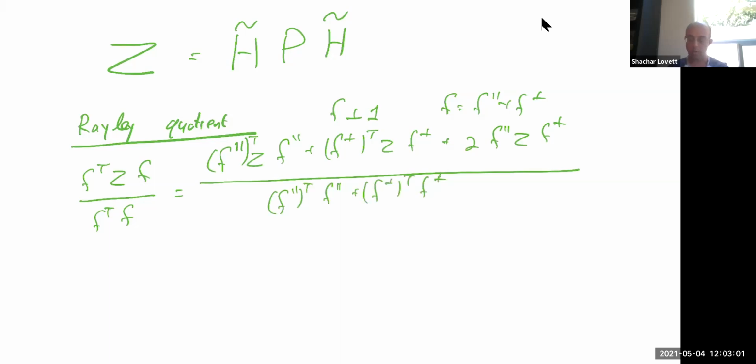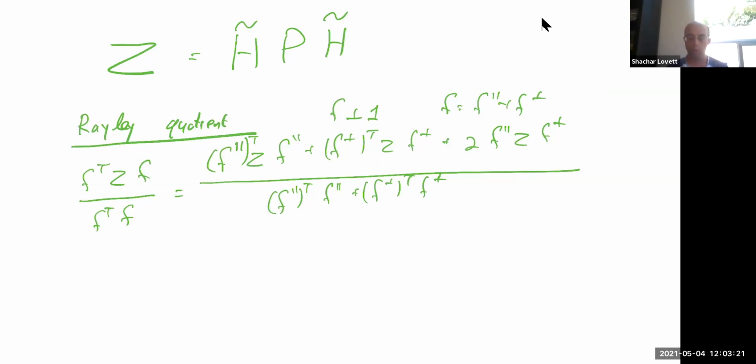Here I use the fact that F parallel and F orthogonal are orthogonal to each other in the denominator. And F parallel Z F perpendicular is the same as its transpose, because Z is symmetrical. Now we want to finally start using this equation of Z to simplify things.